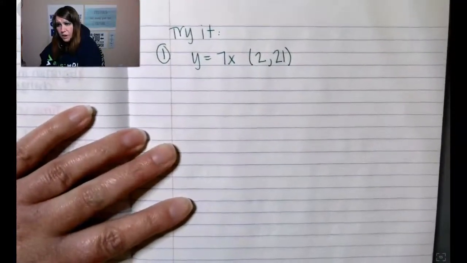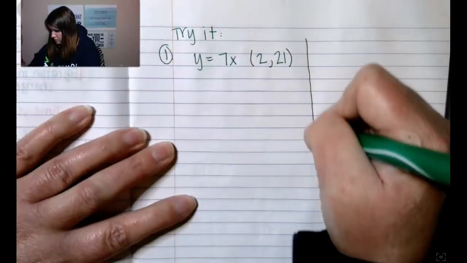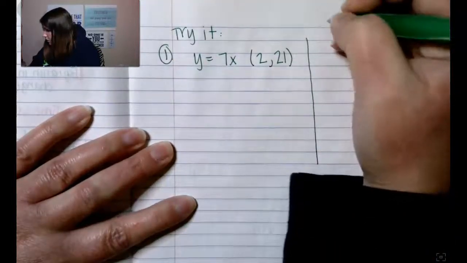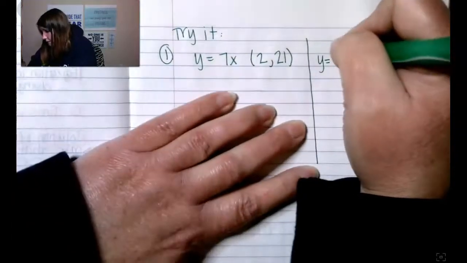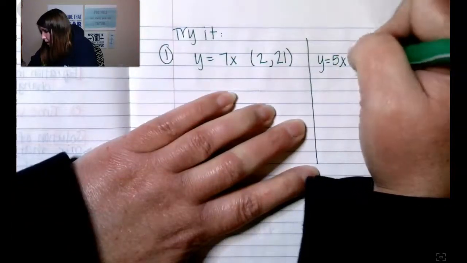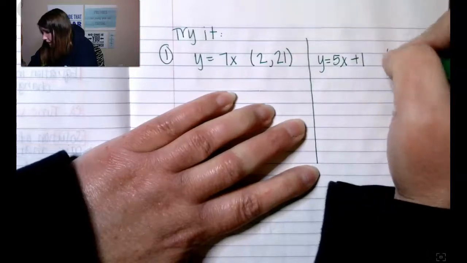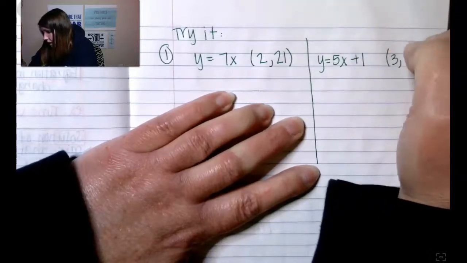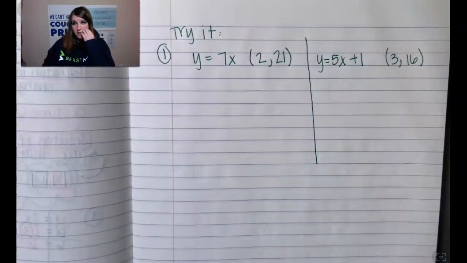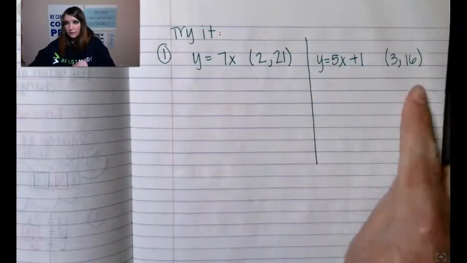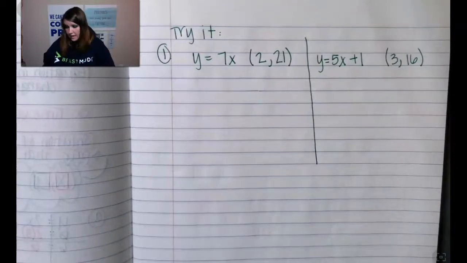Your second try-it is y equals 5x plus 1 when x is 3 and y is 16. Okay, ready? I don't know why that's so big and that one's so small. Okay, ready? Here we go.